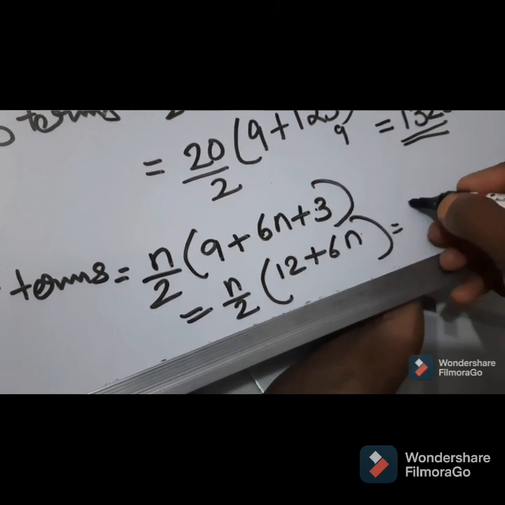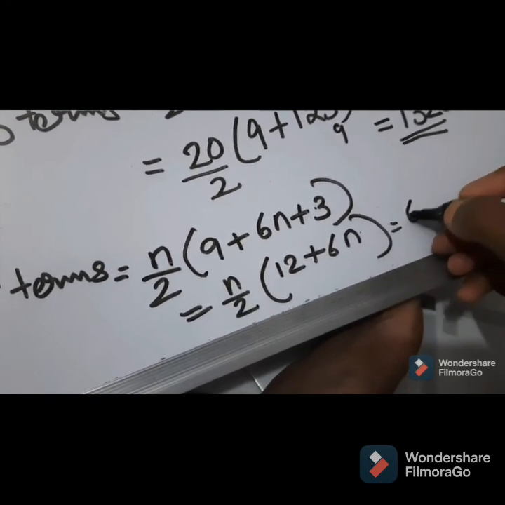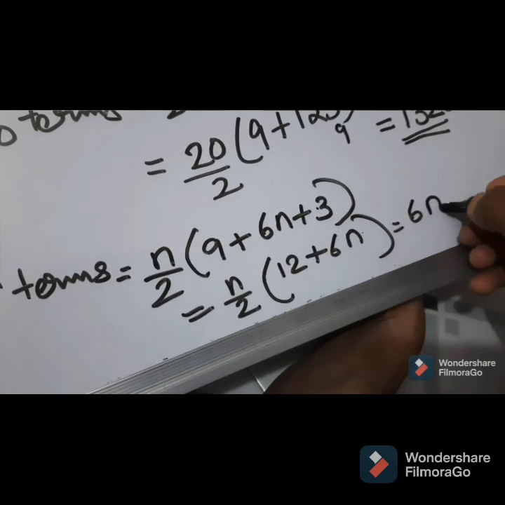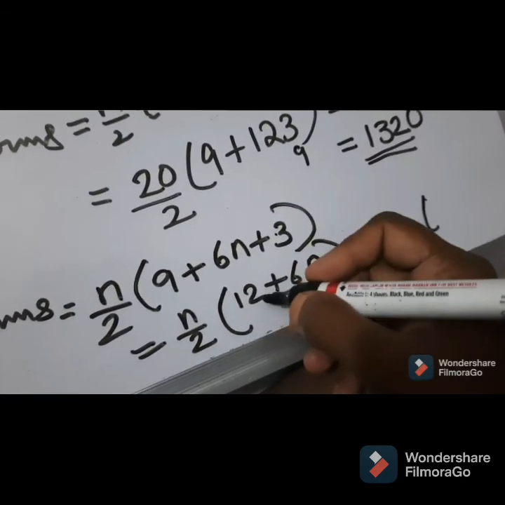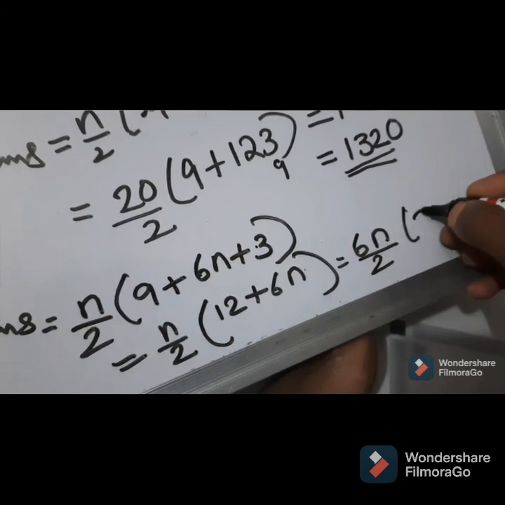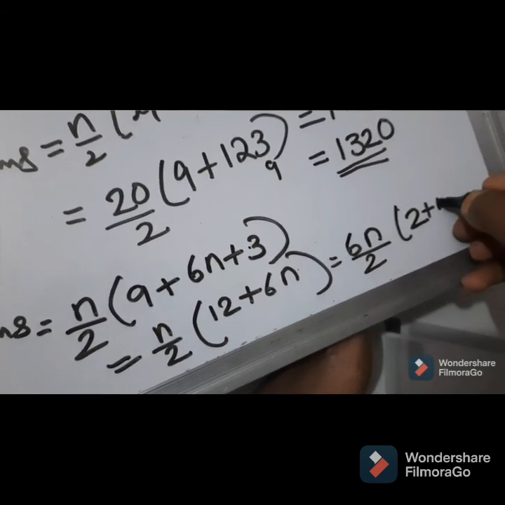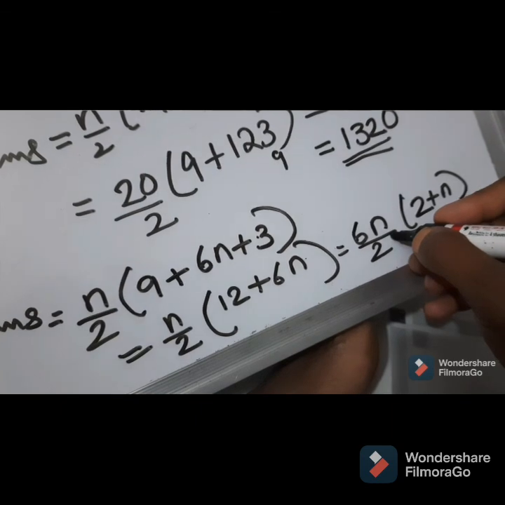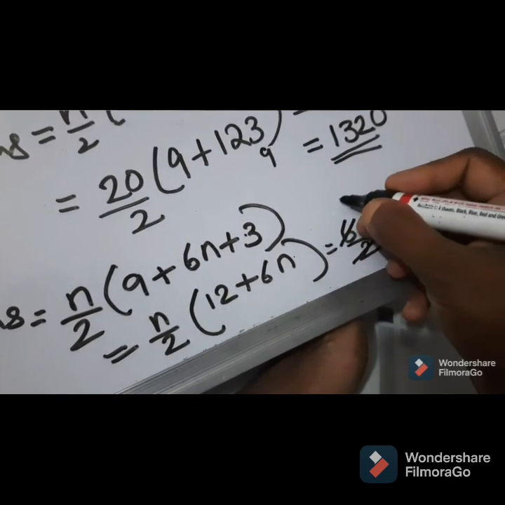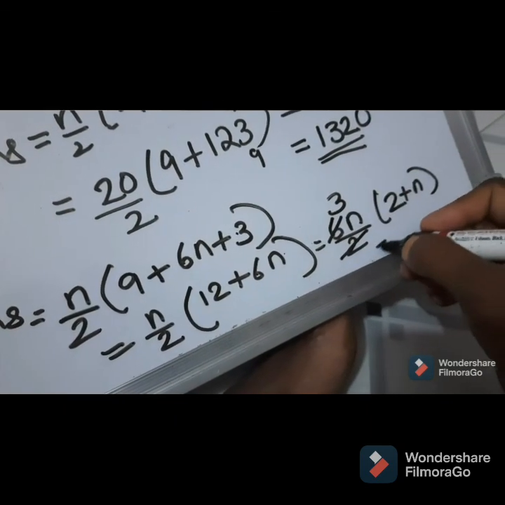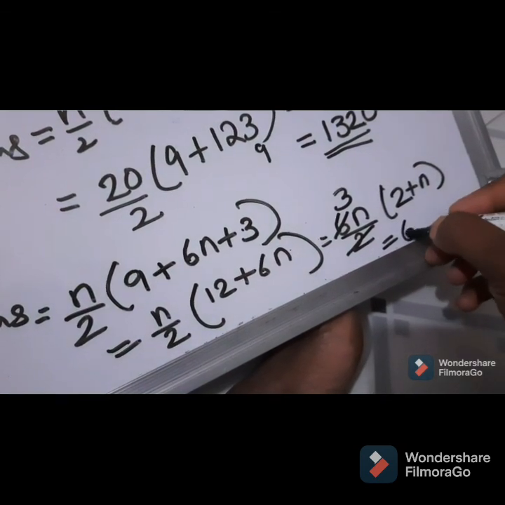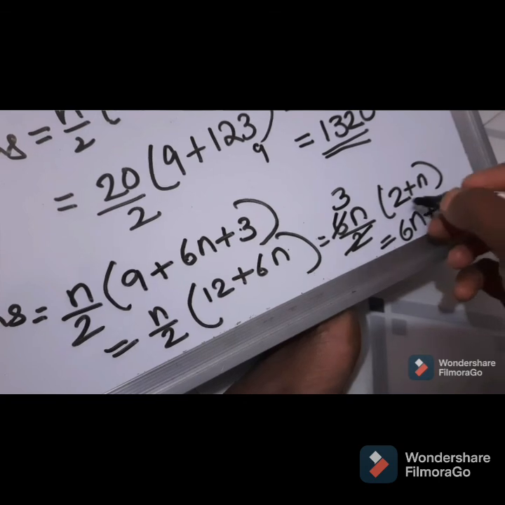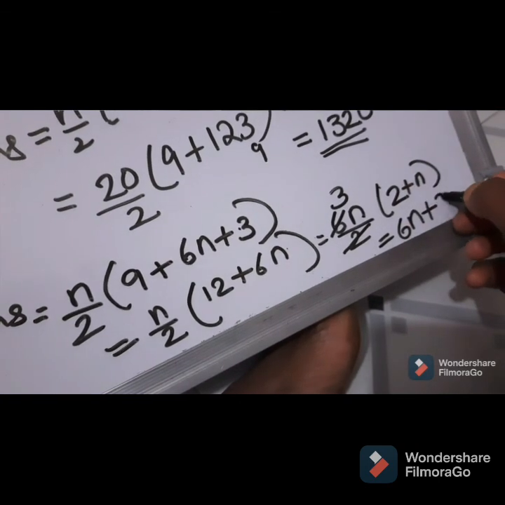We can write 6n by 2 into, we take 6, that means 2 will come here, 2 plus n. We can cut this 2, so we will get 3. Now we can expand 3n into 2 plus n, that is 6n plus 3n square.